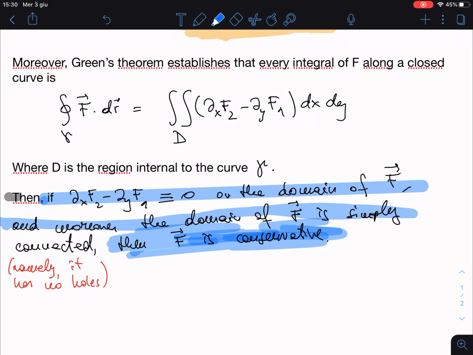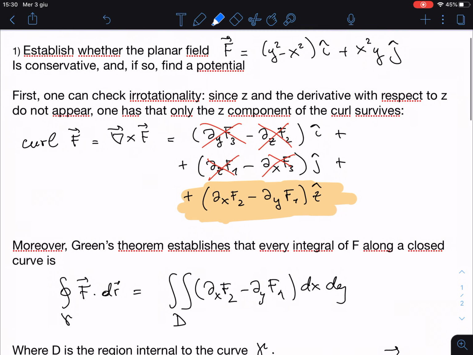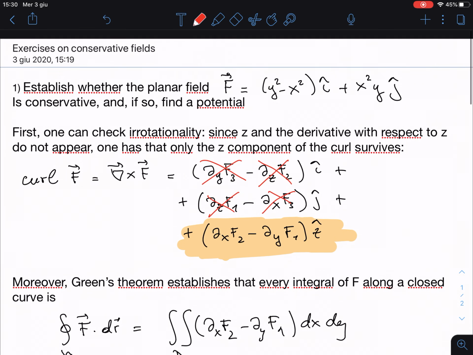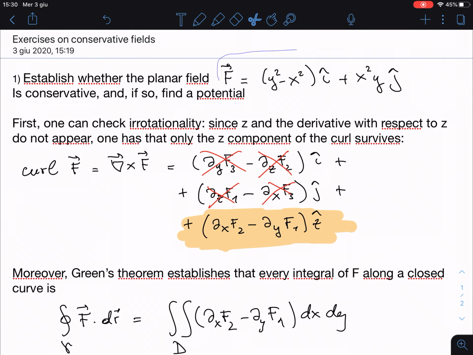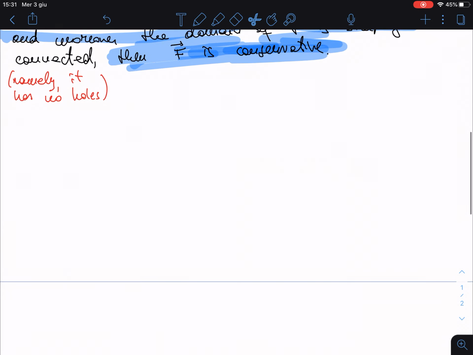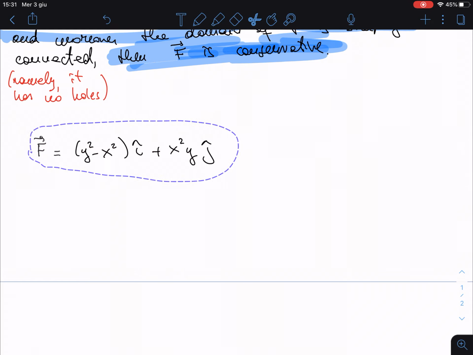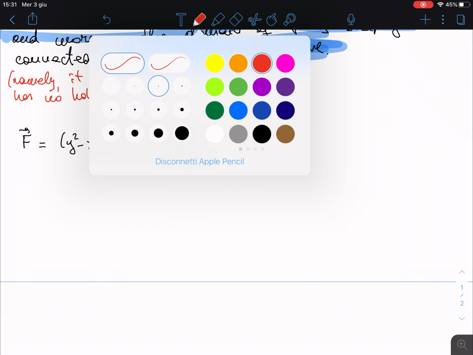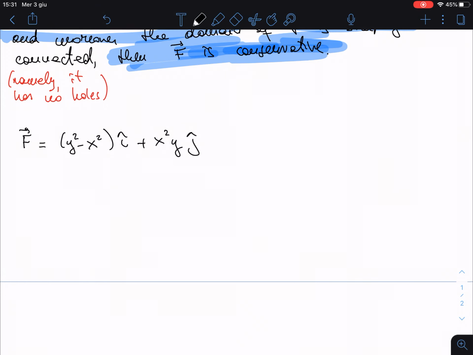And so let us verify it on our example. F is this field. So now let me compute dx f2 minus dy f1.